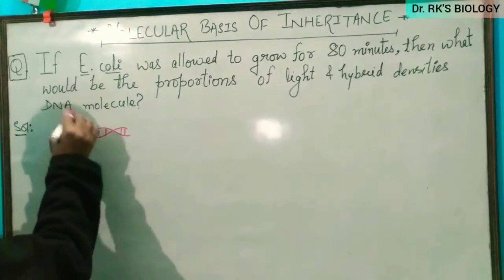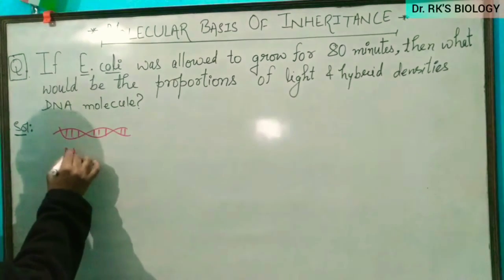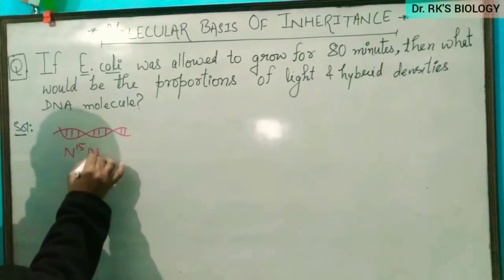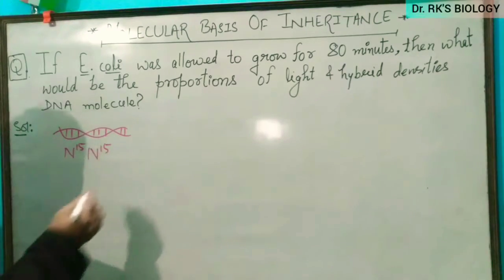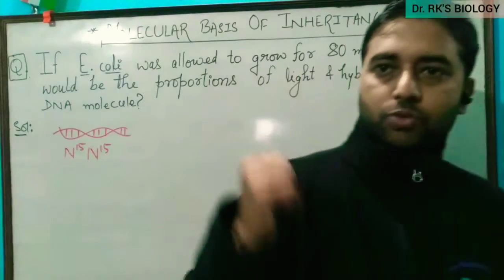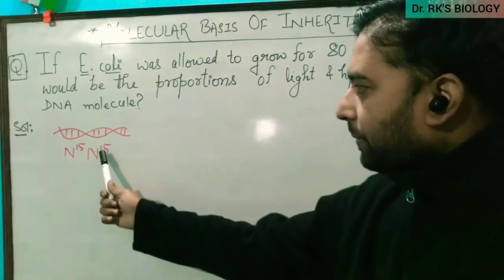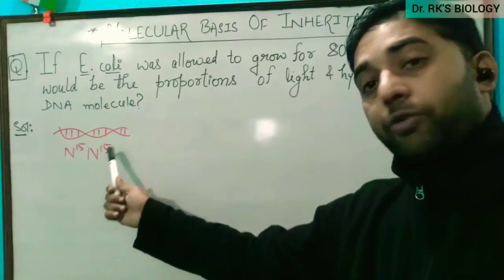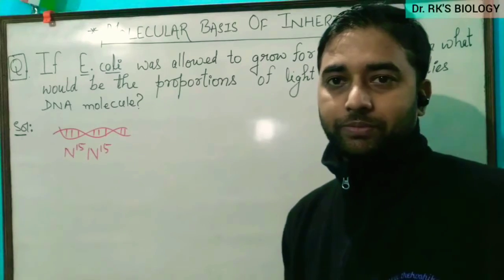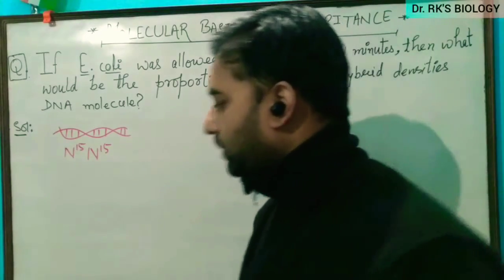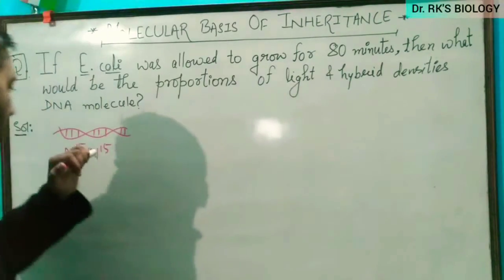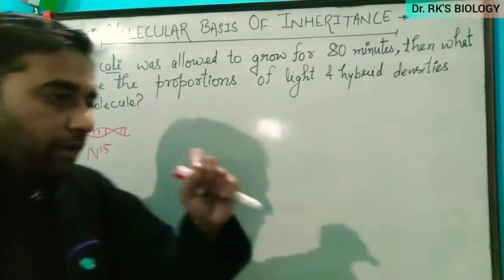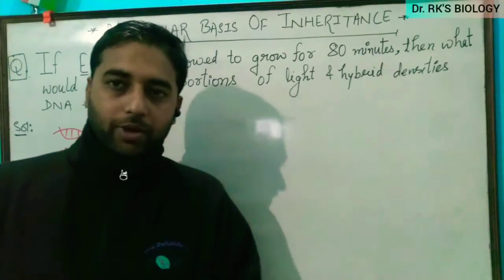To solve this question, we have to start with DNA having N15, nitrogen 15. This is the heavier isotope of nitrogen, and N14 is the lighter one.